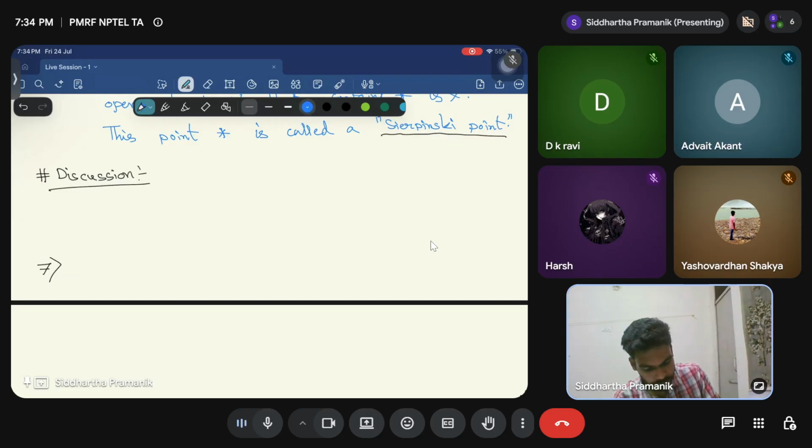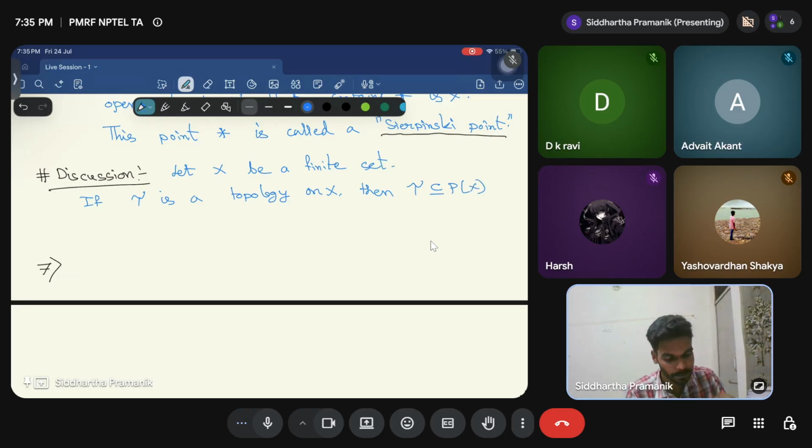So let X be a finite set. Now, if tau is a topology on X, then tau is basically a subset of the power set by definition, right?